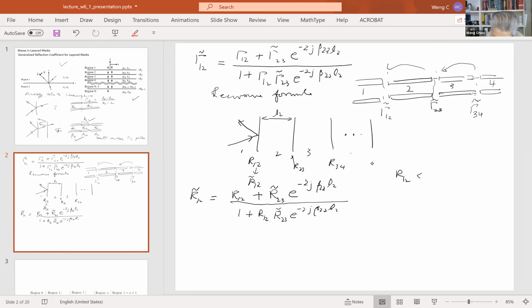R12 is the Fresnel reflection coefficient. R12 tilde is what I call the generalized reflection coefficient.